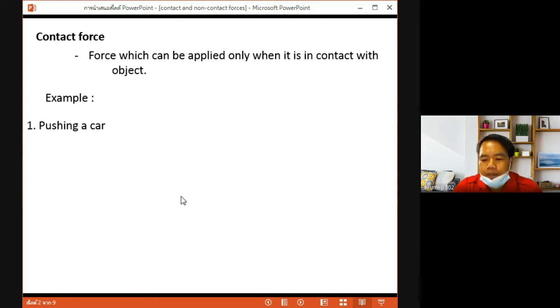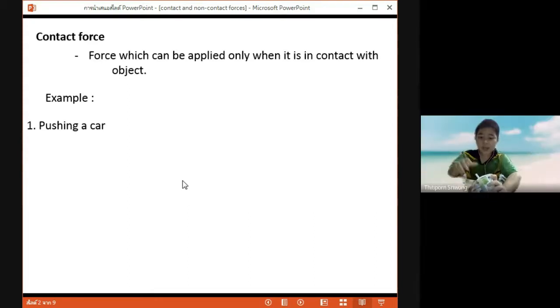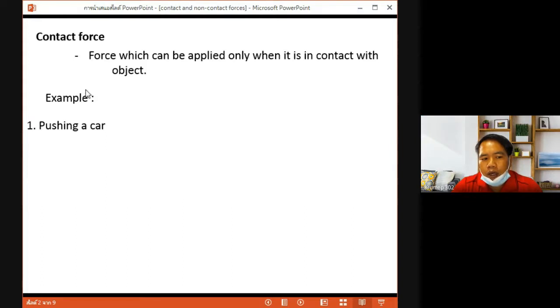Here we have the picture. It is an example of contact force because the man holds the car. If the man does not hold the car, the car will not be pushed. Understand?